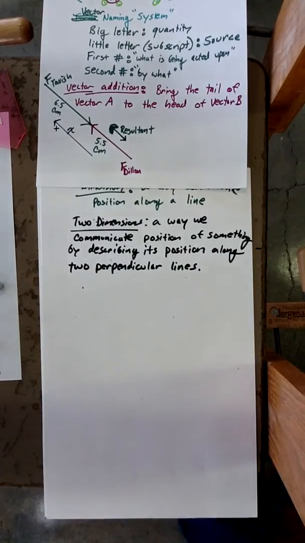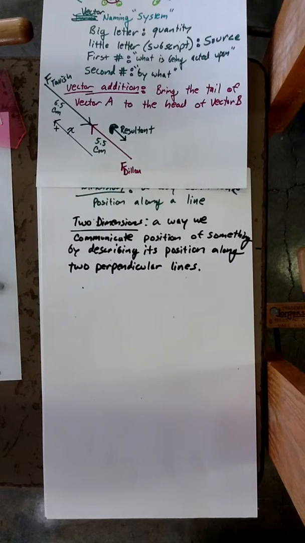What does this allow us to do? 2 dimensions, a way we communicate position of something by describing its position along 2 perpendicular lines. Excuse me. You put it on a grid. Okay, you put it on a grid is really right on the money.